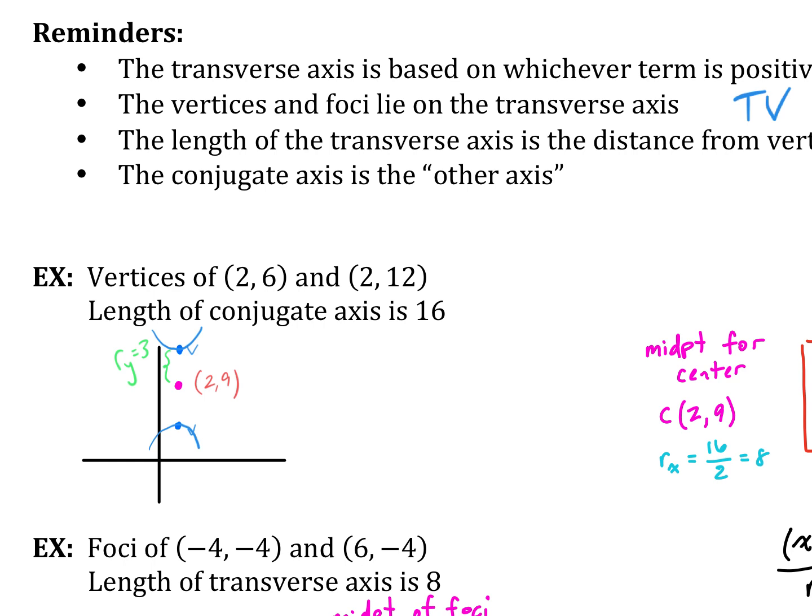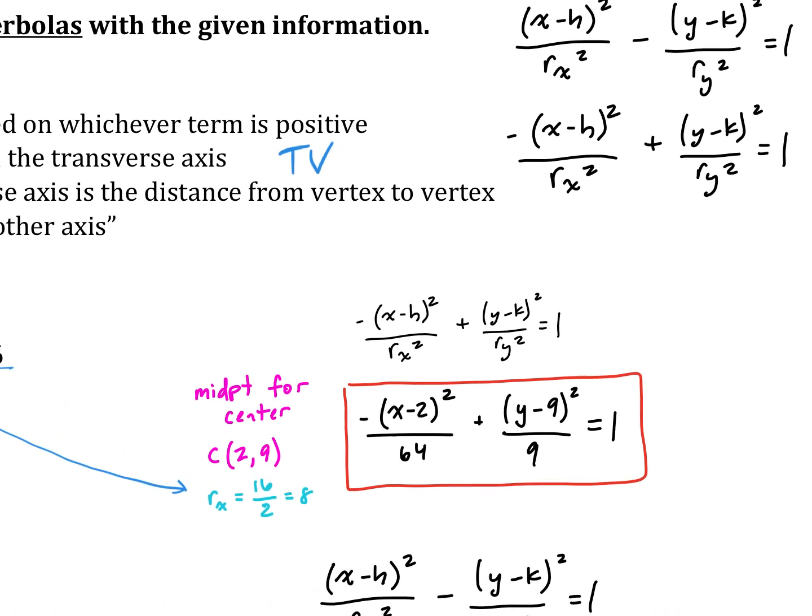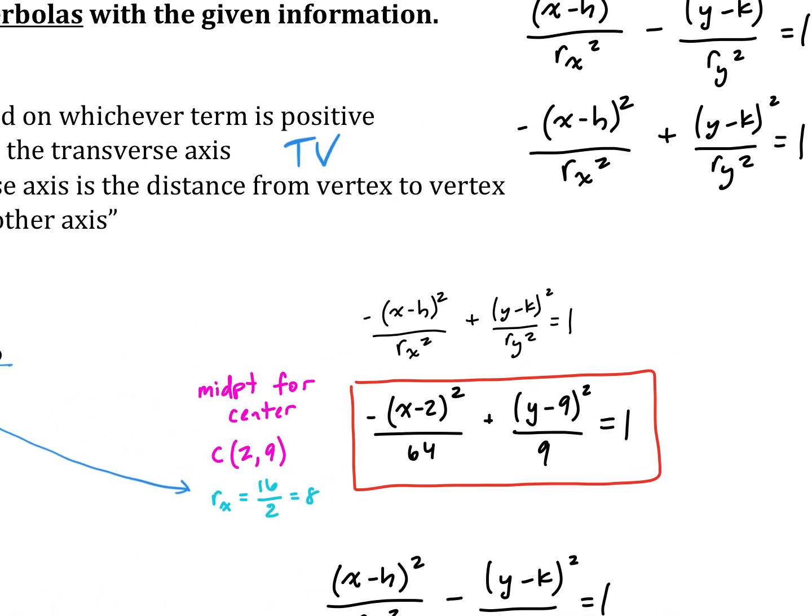This conjugate axis here is the other guy. So that guy is going in this direction. So that's going to help us find our x radius. Okay, so we're going to take the length of that conjugate axis, divide it by 2, and that's where we have our x radius of 8. So we have that information, and I know that this guy opens up and down.